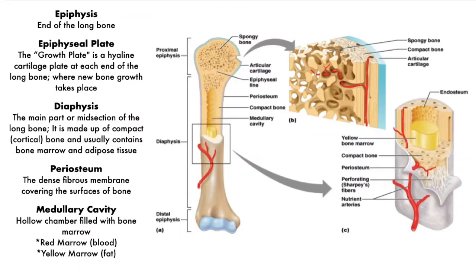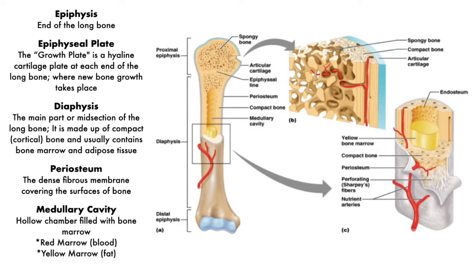Now we're going to be talking about the long bone later on and in our next lecture video, but let's talk about the parts. Now the epiphysis, epi meaning on top, is going to be the ends of the long bone. The epiphyseal plate is the growth plate.